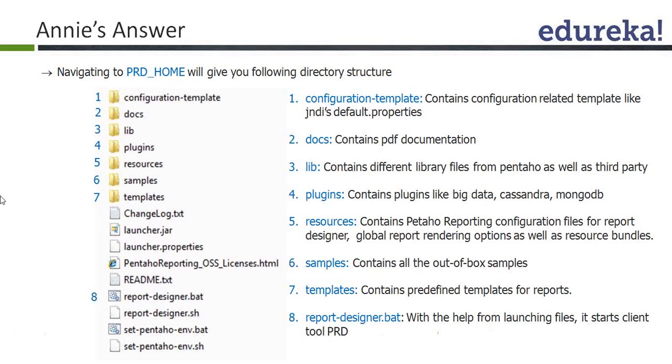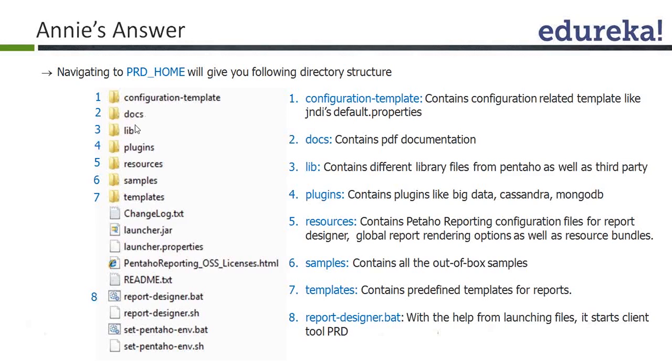The docs configuration template contains configuration related templates, like if you want to configure JNDI, your username, password, hostname, then this is the place where you should go. Then docs, if you want to dive deeper and read more material, then docs are available. Again, docs may be referring to a previous version. I already mentioned that in the last module, last session.